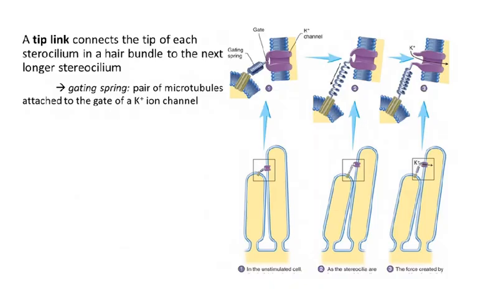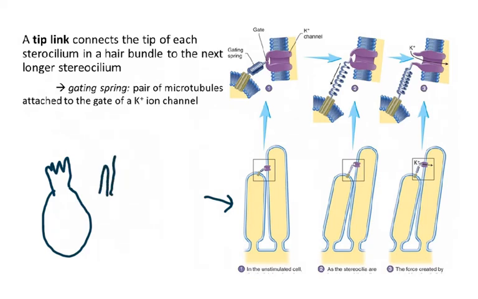So let's zoom in. So now we're looking at the stereocilia on the hair cells. Just to kind of orient you, I'm going to draw that hair cell. Here's its stereocilia kind of sticking up from it. And what you'll note in this picture, which is a lot better than mine, is that one stereocilia will be next to another stereocilia, and there's always a longer one behind it.